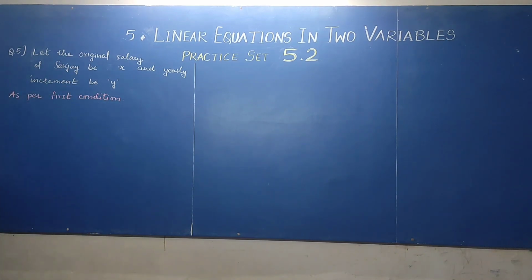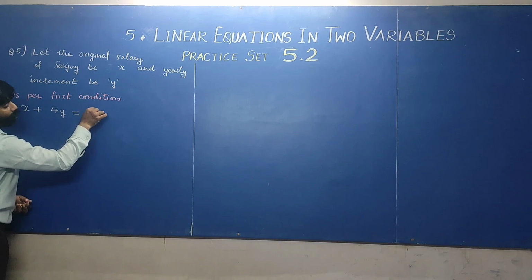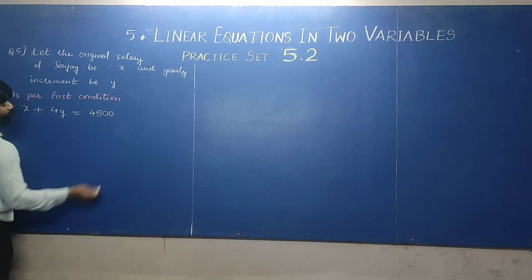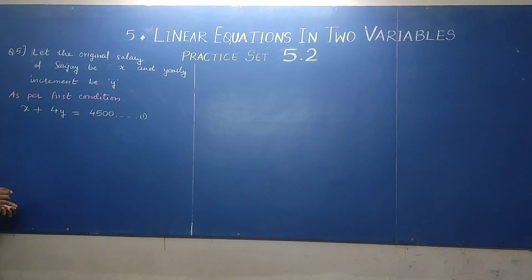The original salary was x. So students, after 1 year, there will be an increment. So this is the original salary, and increment per year is y. After 4 years, that means 4 multiplied by that increment, is equal to 4,500. So this is making our equation number 1.